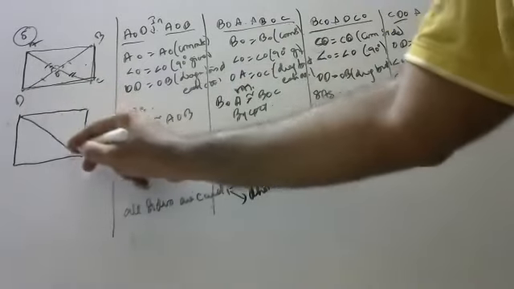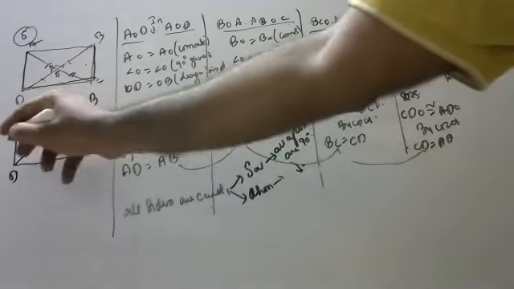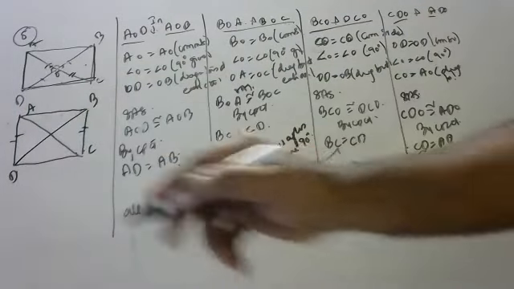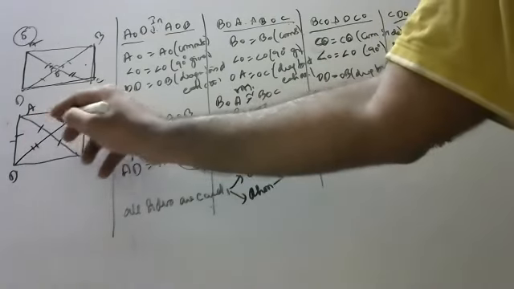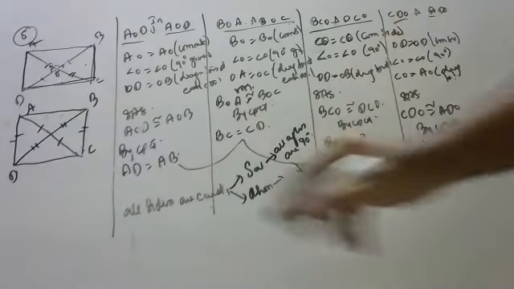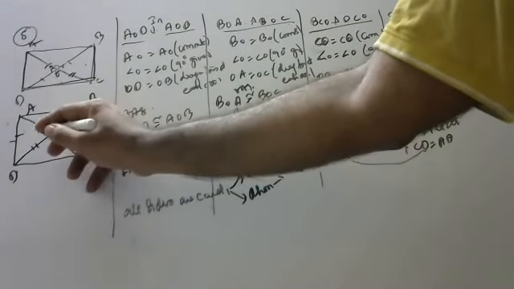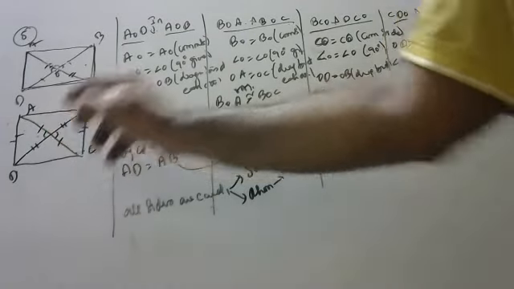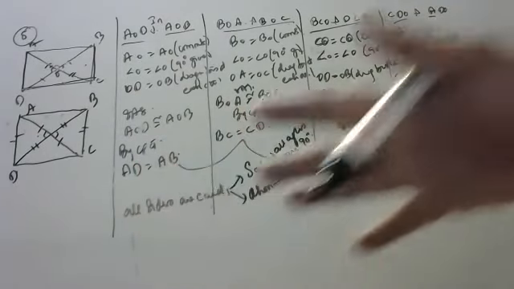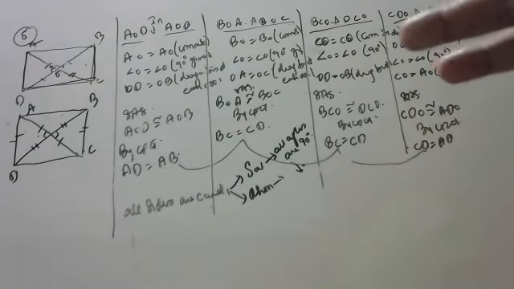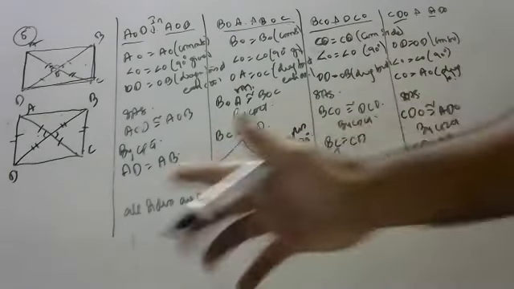Children, see here, we have proved that in ABCD this and this are equal. Slowly I will say, listen. This angle and this angle will be equal, children. What can we do, children?